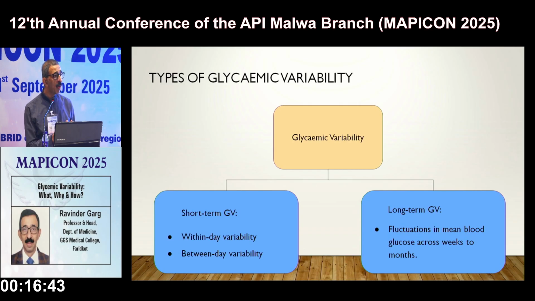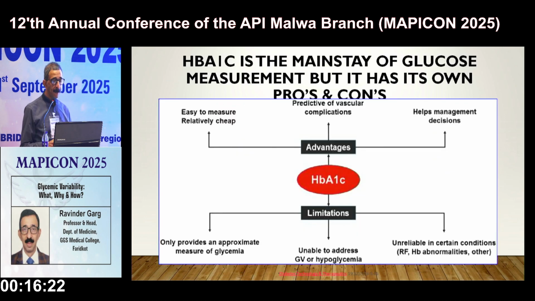This could be variability within the same day, that is called intraday, or between different days, what we call interday. These two variabilities, intraday and interday, constitute short-term glycemic variability, whereas HbA1c is a long-term glycemic variability.